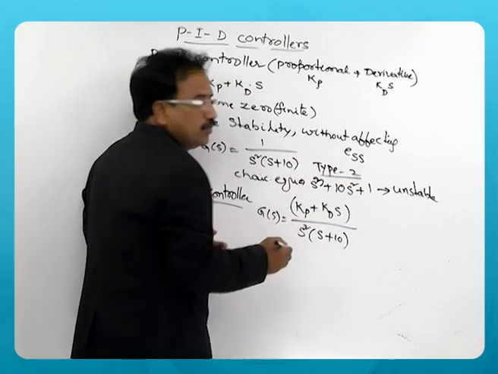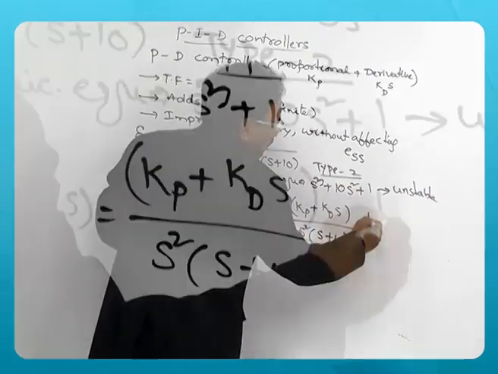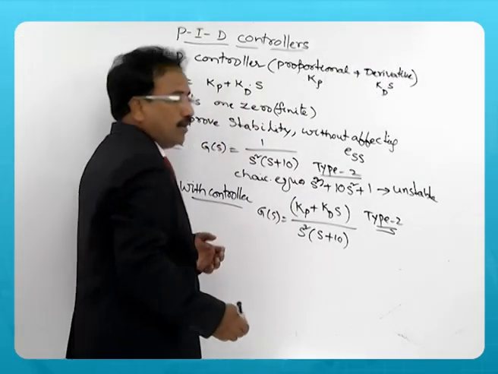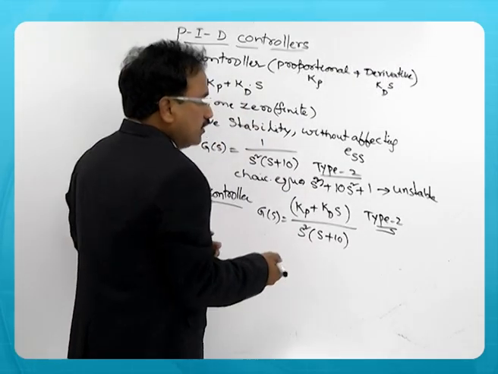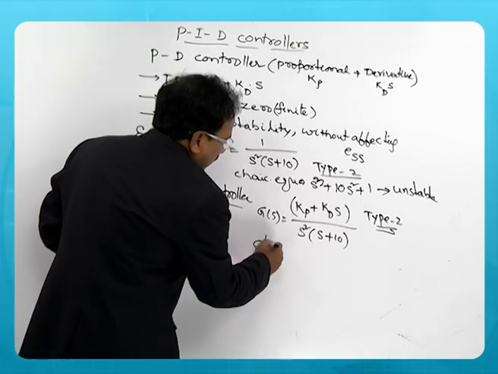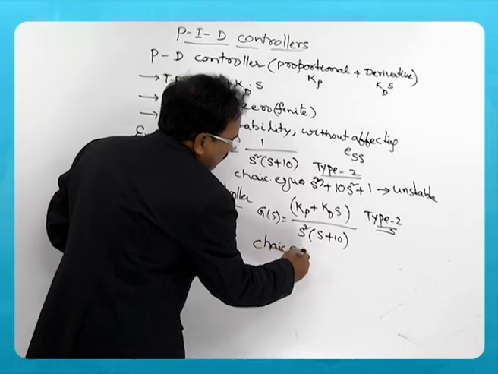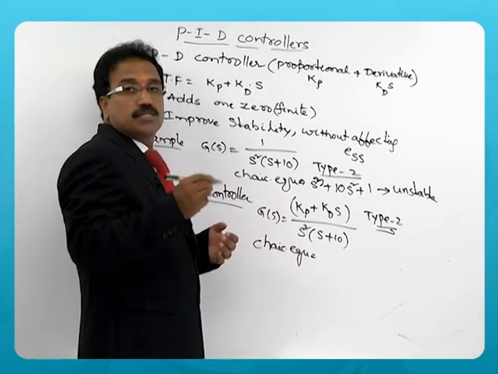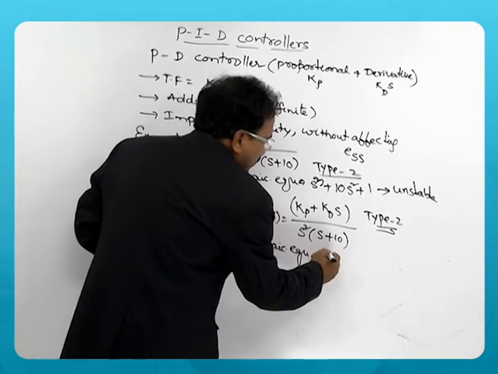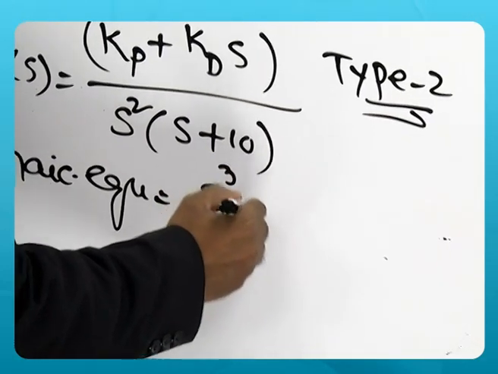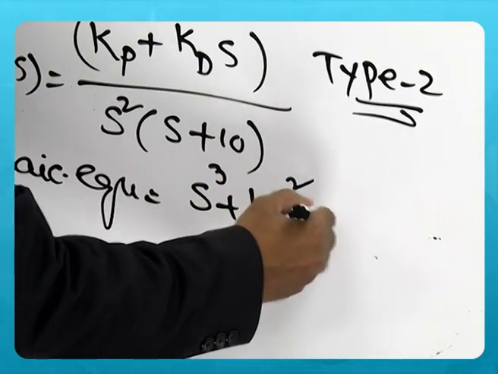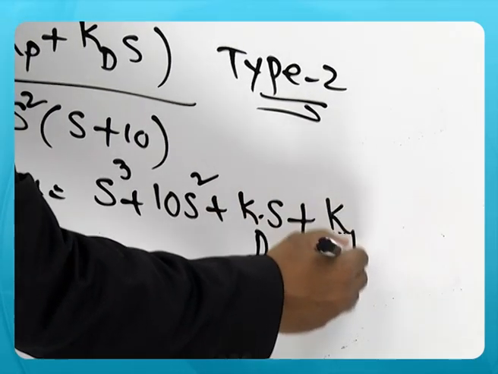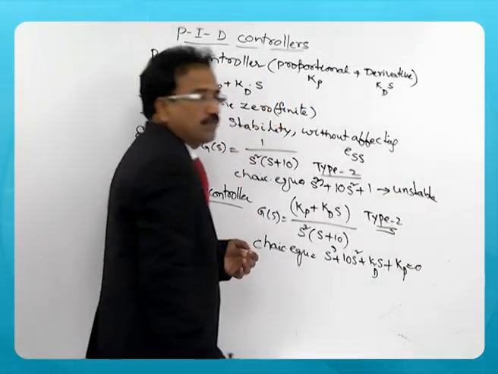Earlier also it was a type 2 system, now also it is a type 2 system. But for stability, we need to write the characteristic equation. Using that we can say whether the system is stable or not. So this becomes s cube plus 10s square plus Kd into s plus Kp equal to 0.